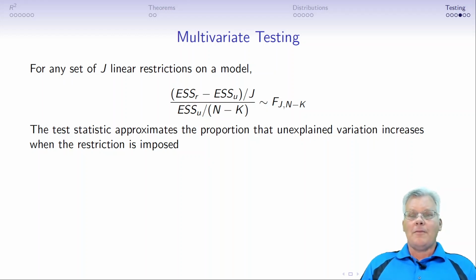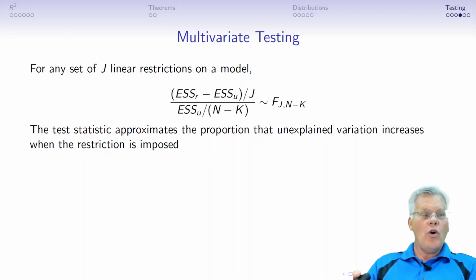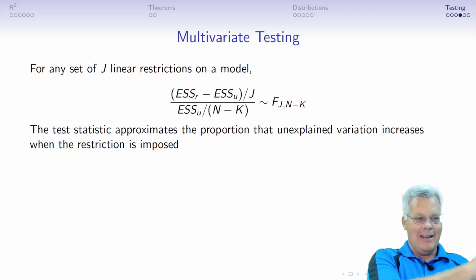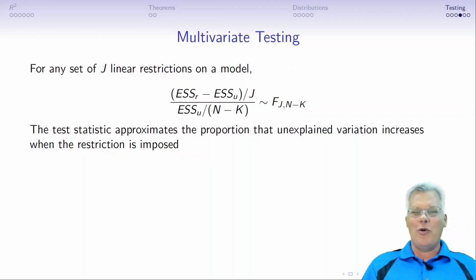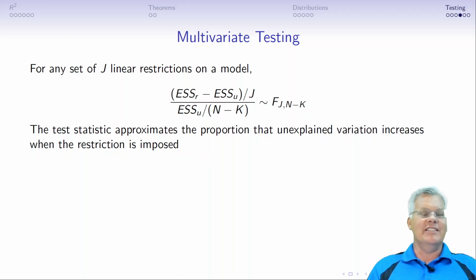Now, my editorial addition here: this test is actually quite intuitive, because if you ignore the degrees of freedom on the right-hand side of the equation, you'll notice that this test statistic is measuring how much unexplained variation increases when the restriction is imposed, right?